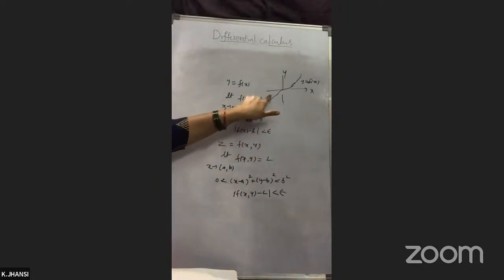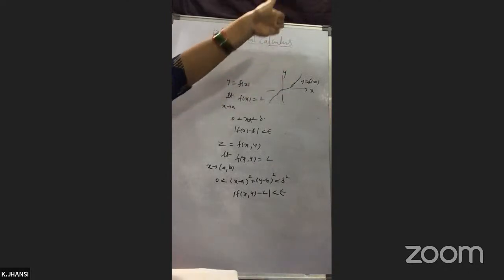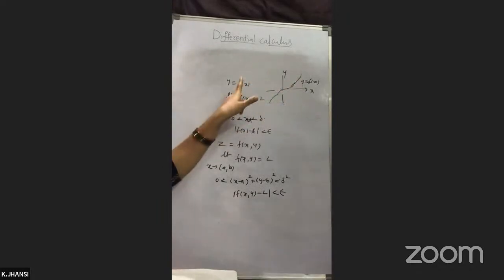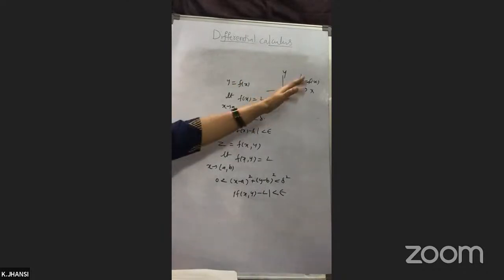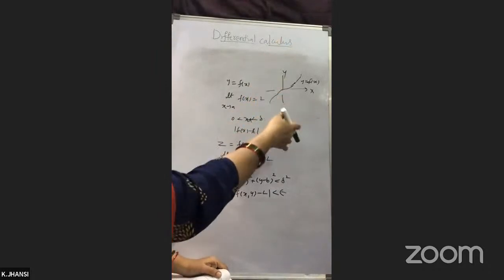From here you can go to this point, or from there you can go to this point, that is from below upward or from above downward. Only two methods are there to reach this point whenever you have a single function. So that means it may be the right hand limit and also the left hand limit.